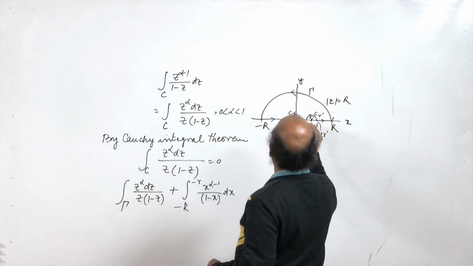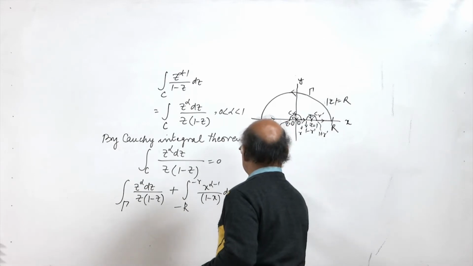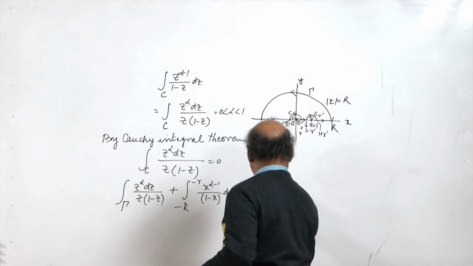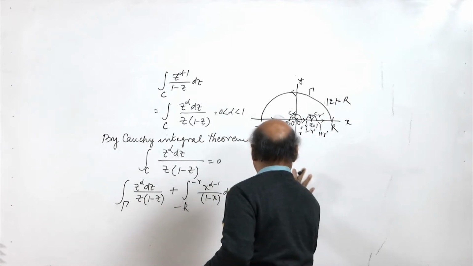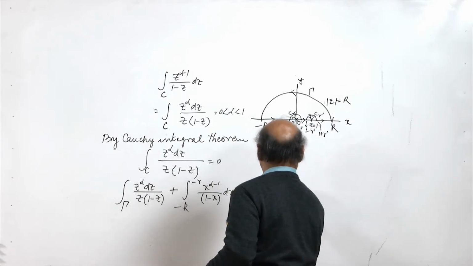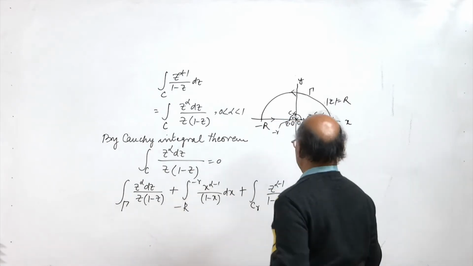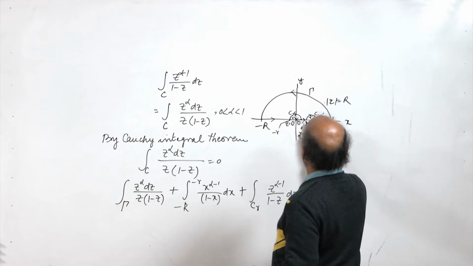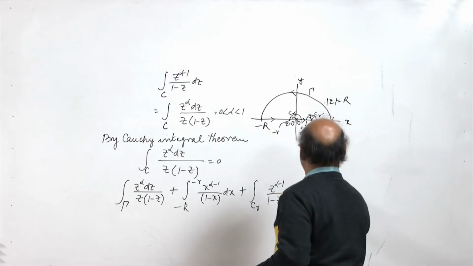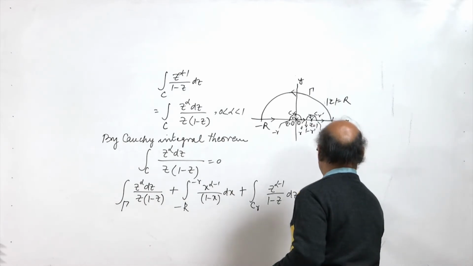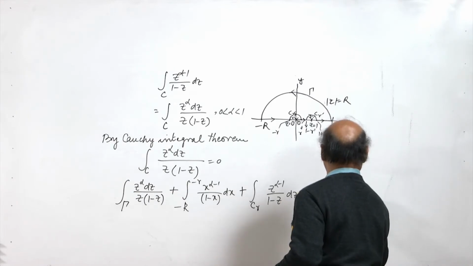Then we are moving along CR in the clockwise direction, z to the power alpha minus 1 upon 1 minus z dz, and then we are moving from r to 1 minus r dash, x to the power alpha minus 1 upon 1 minus x dx.